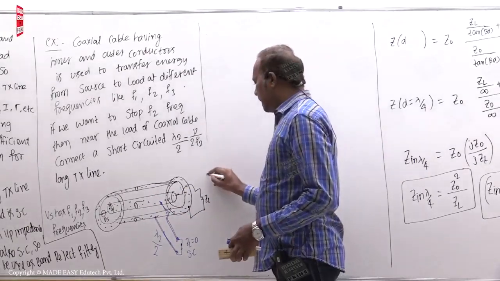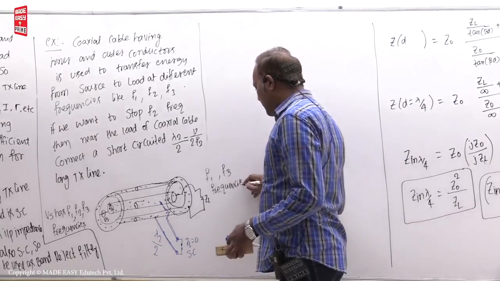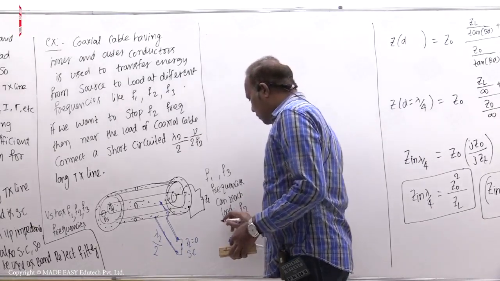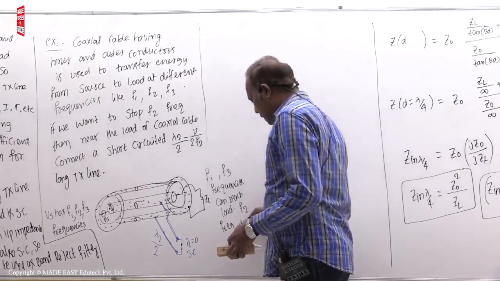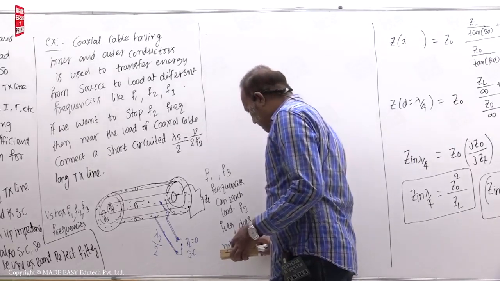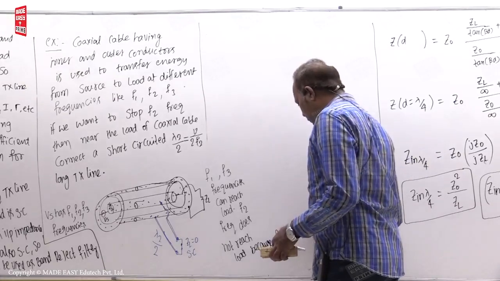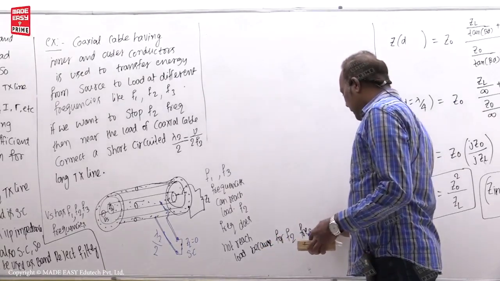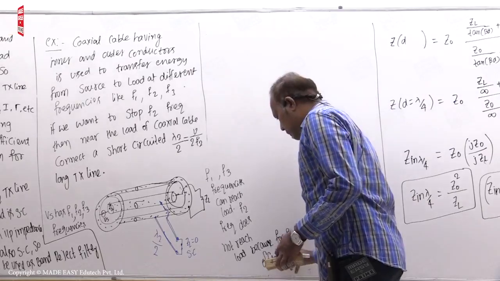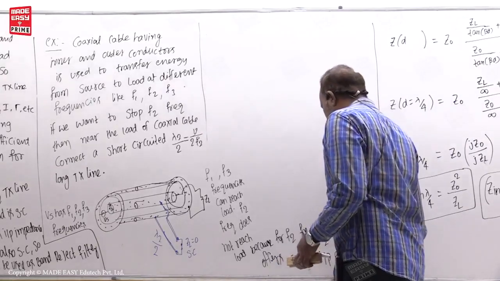So here only F1 and F3 frequencies can reach the load, and the F2 frequency does not reach the load, because for the F2 frequency, the lambda by 2 transmission line offers a short circuit at the input end.